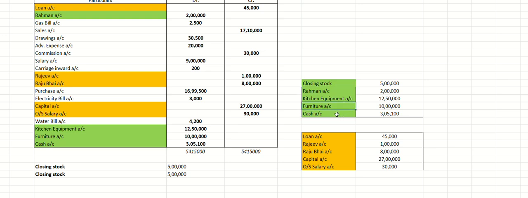We should find which asset can be easily converted into cash. Of course, it is very clear: cash is the asset that can be most easily converted into cash. Why? It is already in cash. After cash, what is very easy to convert into cash? It is closing stock, isn't it?